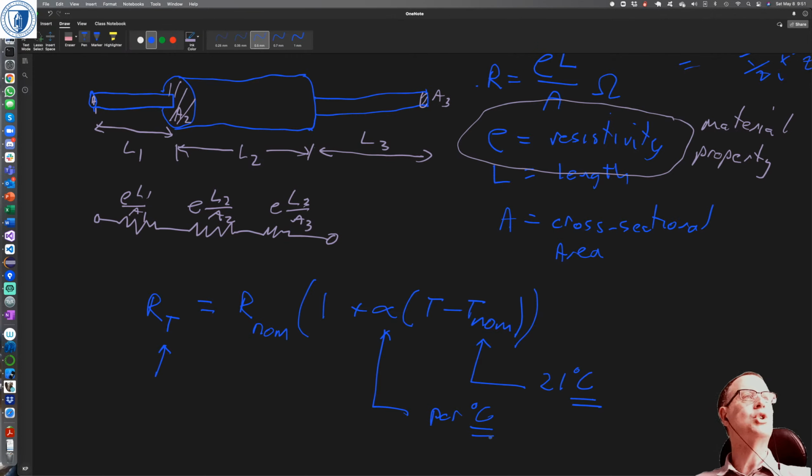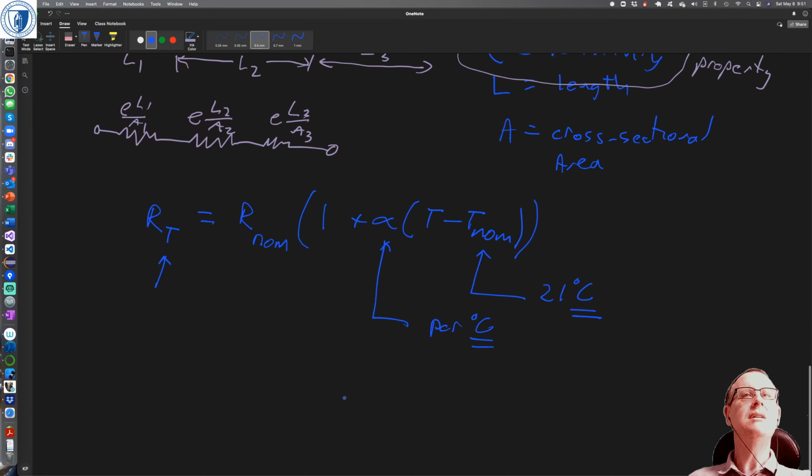So you need to make sure you get all the units to match. It's possible to do the same thing in Fahrenheit or Kelvin or whatever your favorite temperature measurement system is, but you need to do conversions between them. And most of the information we have is in per degrees C, so you need to convert everything to Celsius.